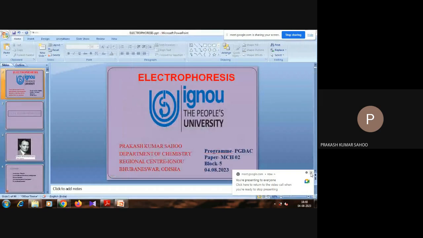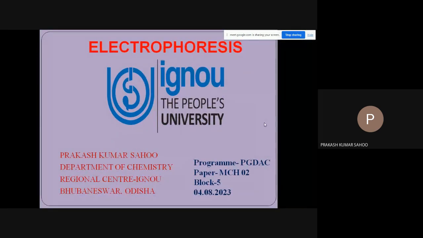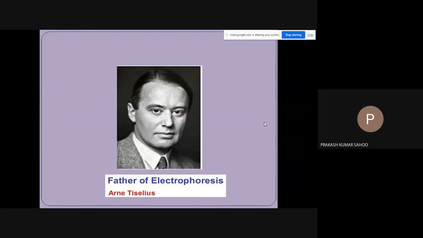I have one PPT for you. This is electrophoresis, and he is regarded as the father of electrophoresis, Arne Tiselius. In electrophoresis, as we know, positively charged ions known as cations move towards the cathode, while negatively charged ions known as anions move towards the anode.